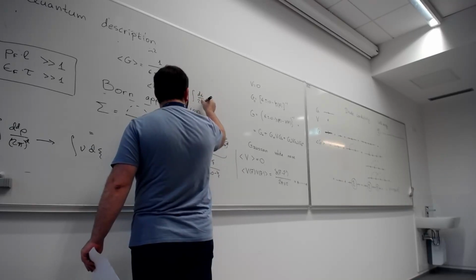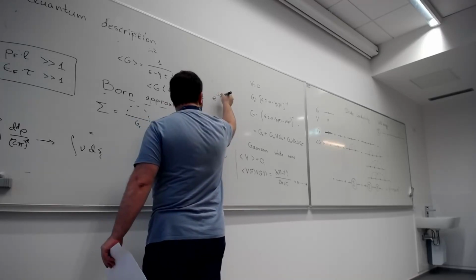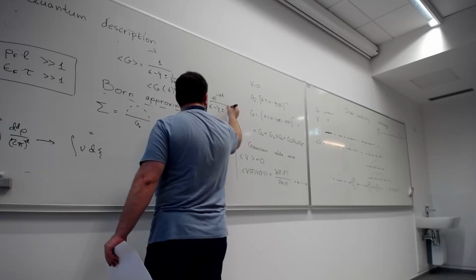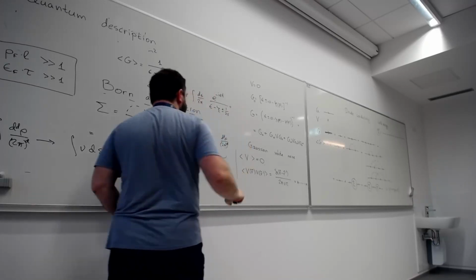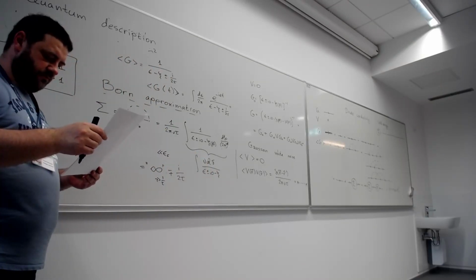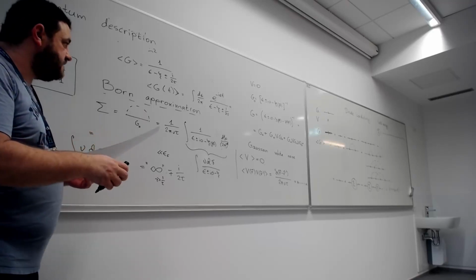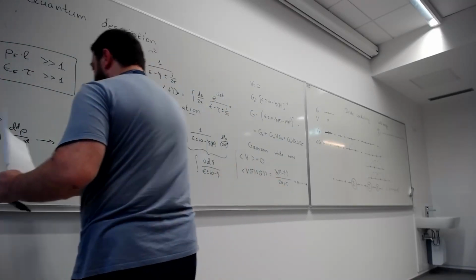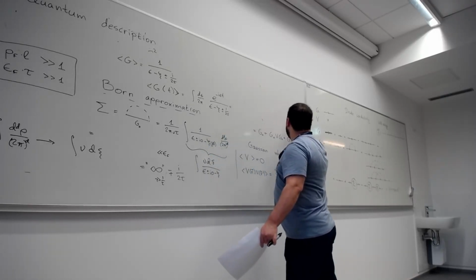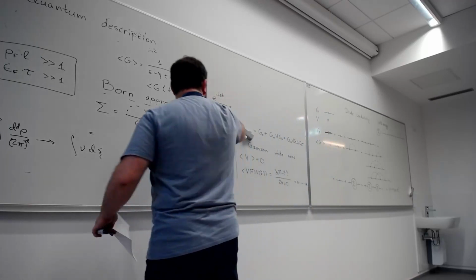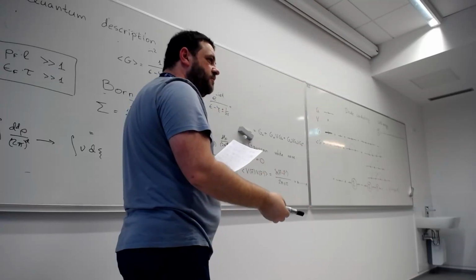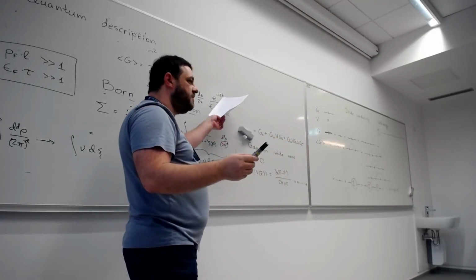So we integrate over epsilon, e to the minus I epsilon t, over epsilon minus psi plus or minus I over 2 tau. And this is exactly the same story as we had with the propagator of the diffusion equation, namely, to compute this integral, we should complete the integration contour either in the upper half plane or in the lower half plane, depending on whether time is positive or negative.